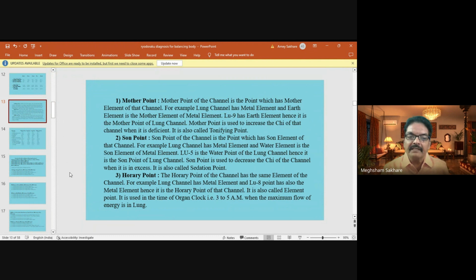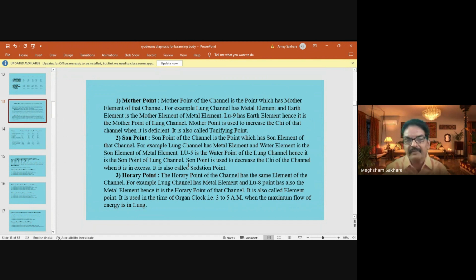So hence it is the son point of the lung channel, and the son point is used to decrease the chi or energy of the channel when it is the sedation point. Hence at lung 5 there is a visible vein.